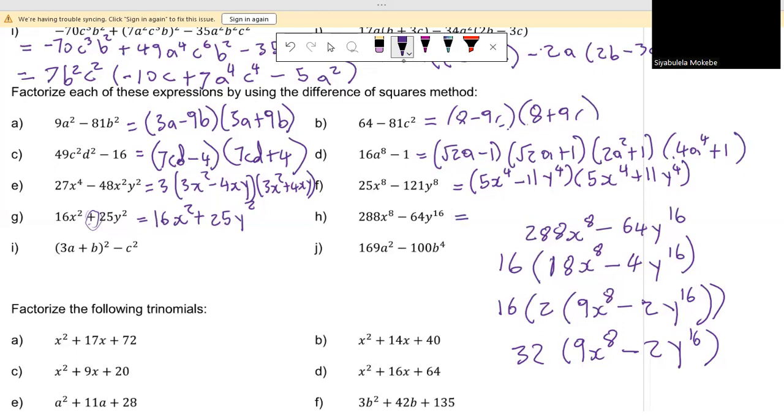The square root of 9 is 3, the square root of x to the 8 is x to the 4, minus the square root of 2, the square root of y to the 16 is y to the 8, and do the same thing.